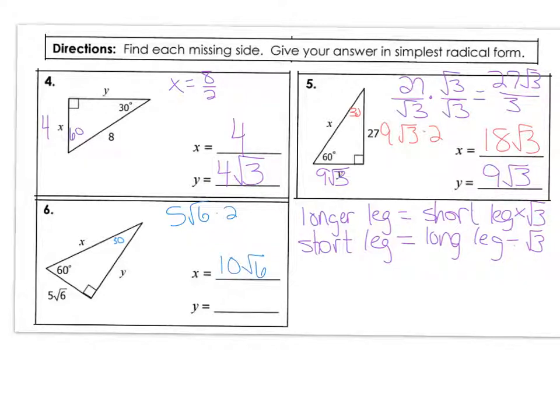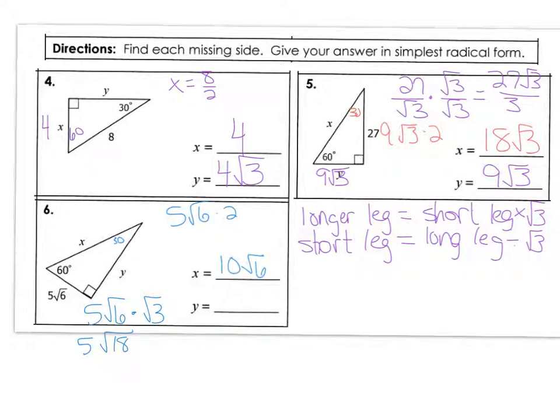Is that right? Okay. Now, if I know the short leg, how do I get the long leg? I multiply by root 3. So I'm going to take the 5 root 6 and multiply by root 3. This gives me 5 root 18.